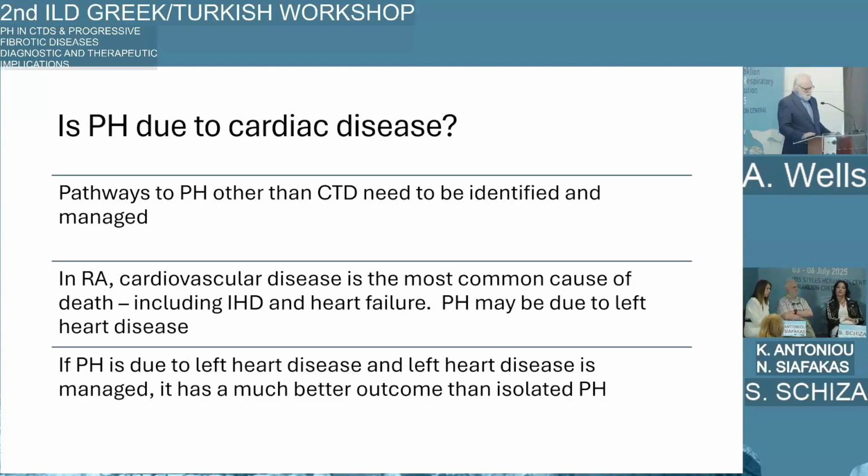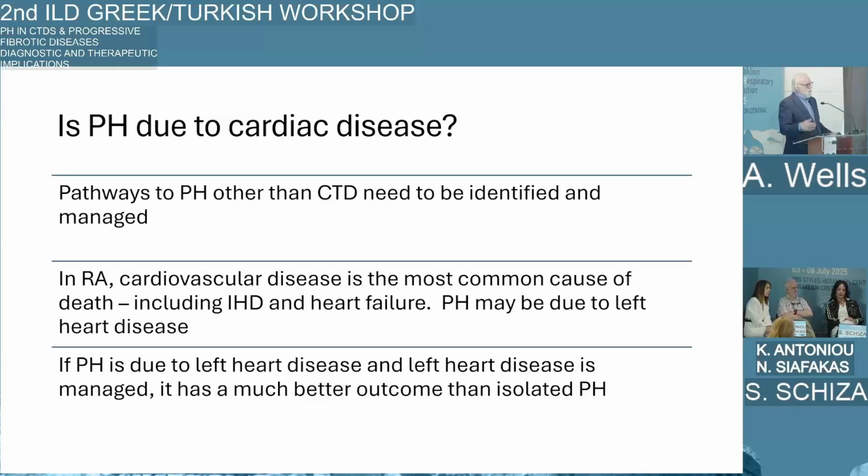And I think you have to start, is it due to cardiac disease, obviously? And you can separate that into a larger group where you're talking about left heart disease with, say, ischemic heart disease, hypertension, the range of respectable cardiac diagnoses. And then you also have to think about the CTD directly affecting the left side of the heart.